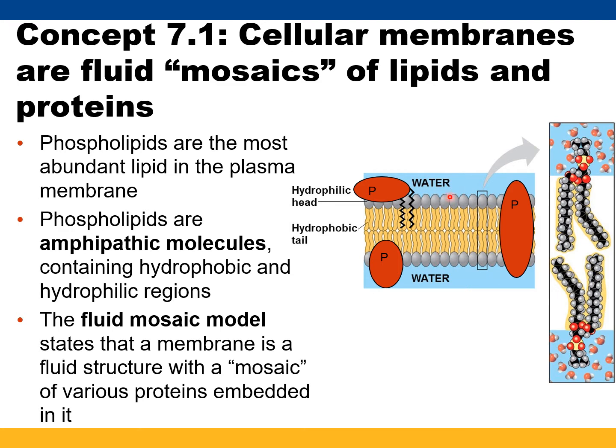And so if these lipids can't flip, then neither can these proteins. But those proteins are embedded. And that's what we mean by fluid mosaic, is that we have this lateral motion that makes it like a fluid, but it has other things embedded in it, just like a mosaic might have different colored tiles in different places.